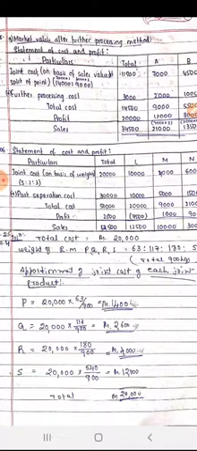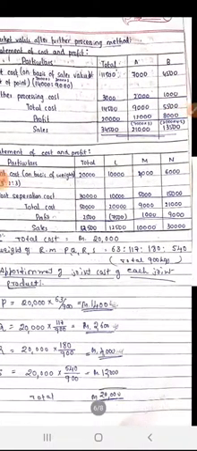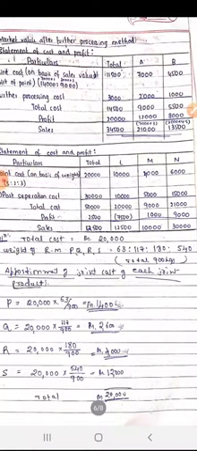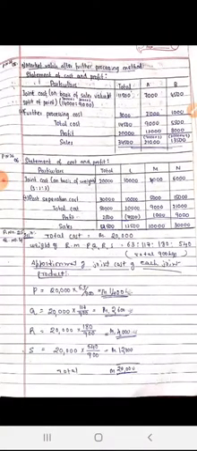So we took the selling price at the split off point. At the end, for the selling price, we have to write the selling price after further processing, that is 7,000 into 3 and 3,000 into 4.5. Then the difference is the profit. Okay, this is the end of the problem.